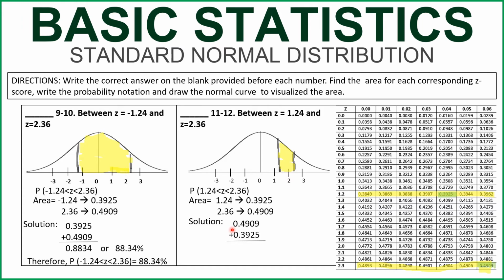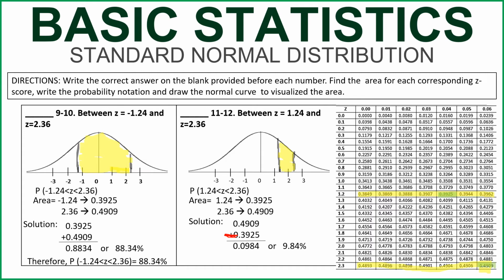Kaya una yung sa taas. So, sa PowerPoint natin, medyo nagkamali ako. Palitan na lang natin ng subtraction to. So, this is subtraction, okay? So, we subtract 0.4909 to 0.3925.